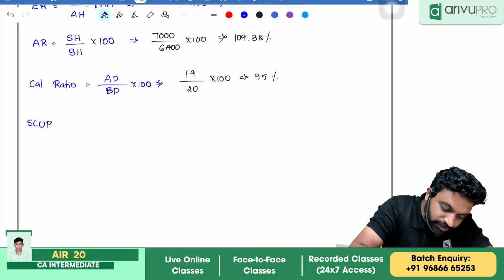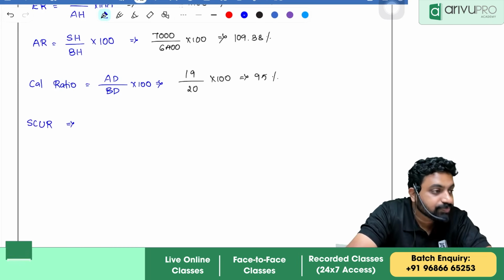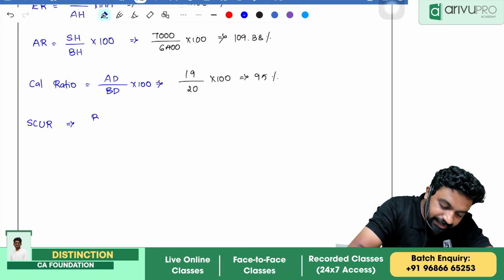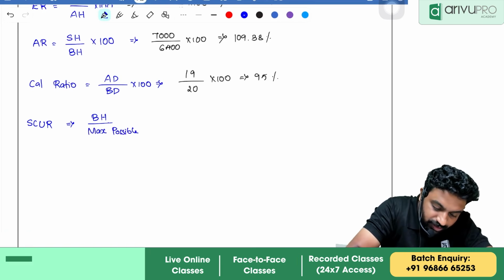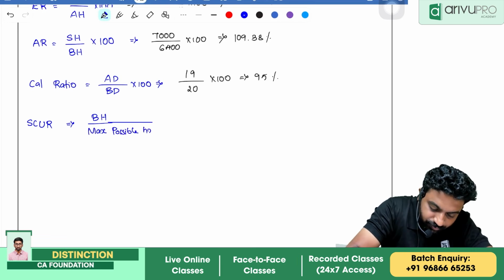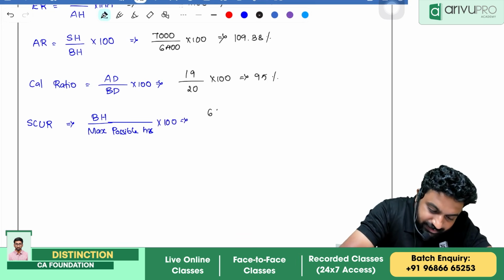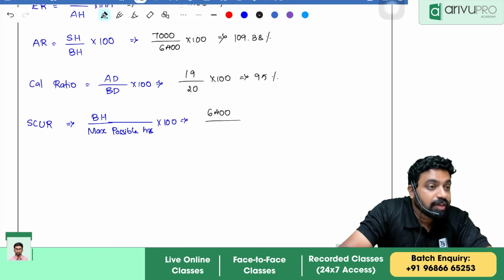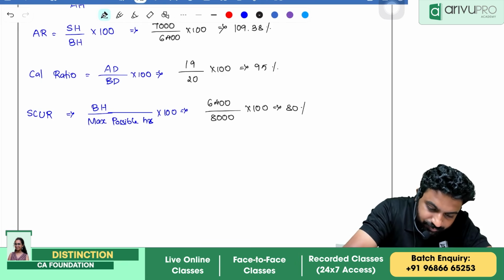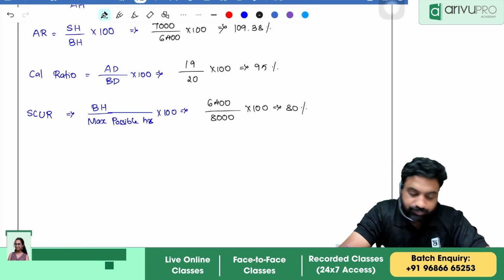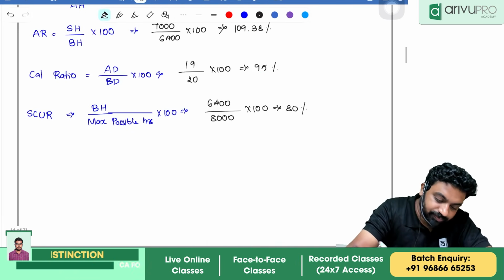Standard capacity usage ratio is nothing but budgeted hours divided by maximum possible hours into 100. Budgeted hours are 6,400. Whereas maximum possible hours are 8,400 into 100. Is that clear?